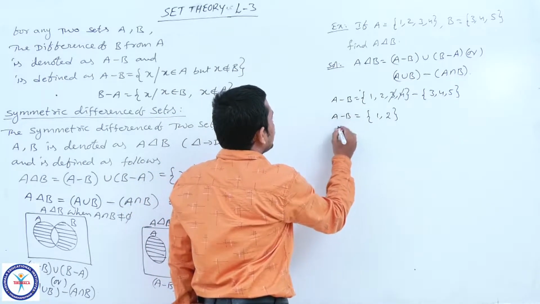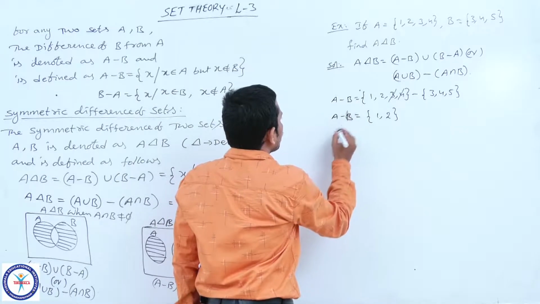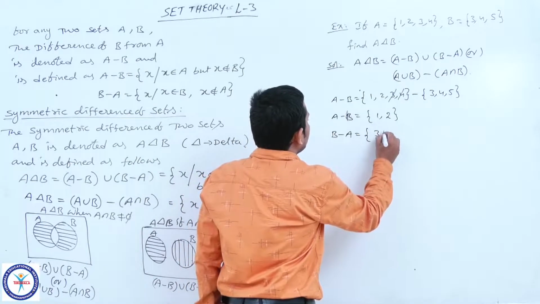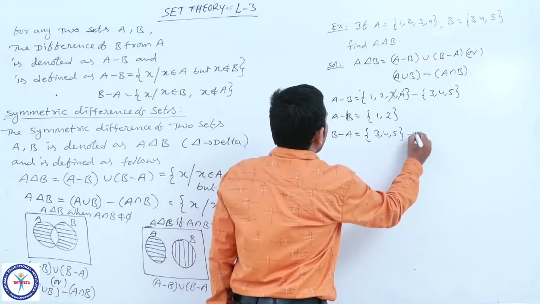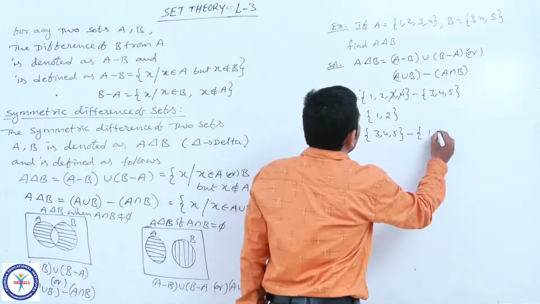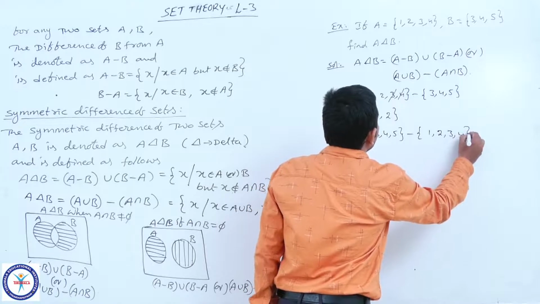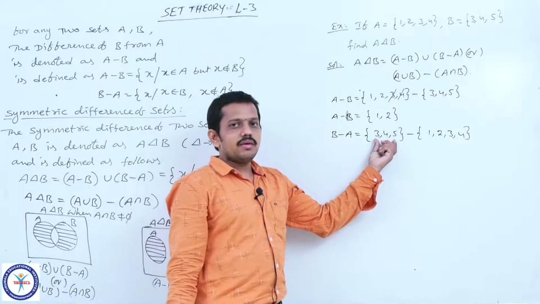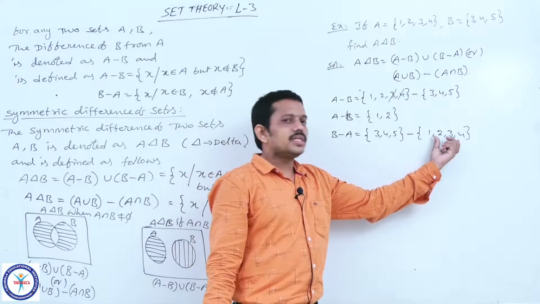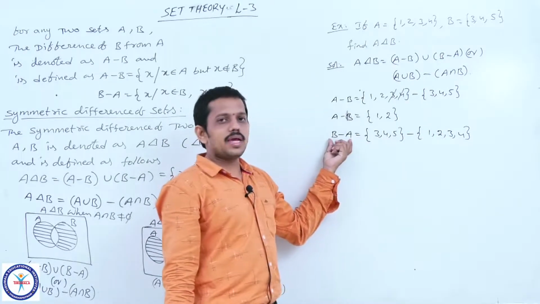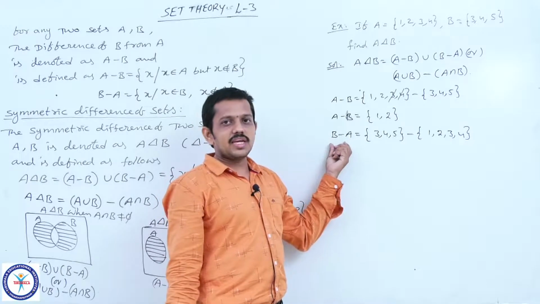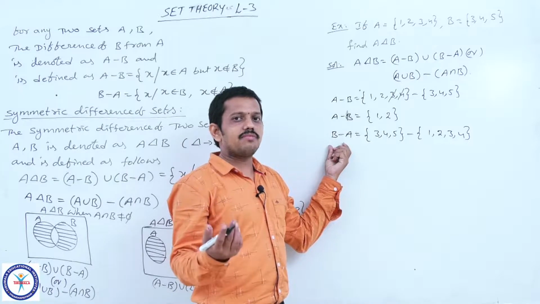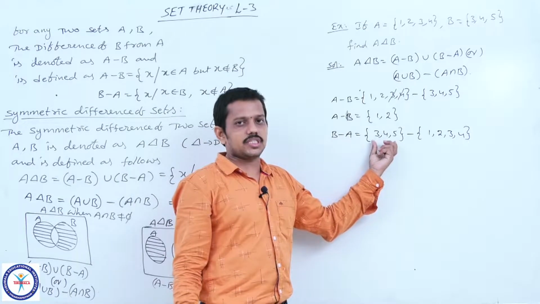And what is B minus A? We write set B {3, 4, 5} minus set A {1, 2, 3, 4}. Only the elements in set B which are not elements of set A give B minus A. If there exist any common elements, we eliminate those elements and write the remaining elements of the first set.